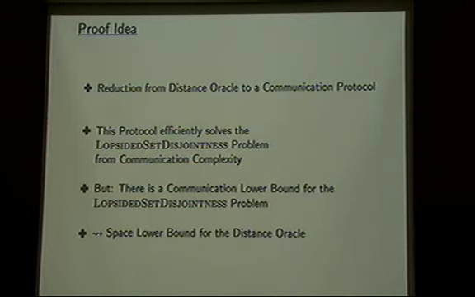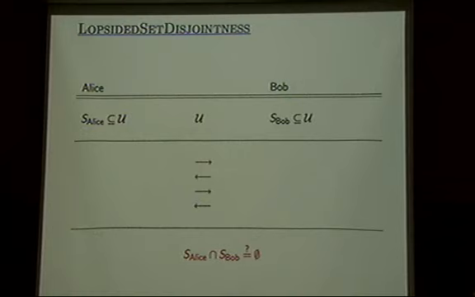So this is the second step. And since this communication problem is very hard to solve, there is a known lower bound for it, we know that we have some kind of a contradiction. We know that there can't be an efficient distance oracle. So this was a lot of information for the first slide, but I think it will get clear in the following, if you haven't seen it before.